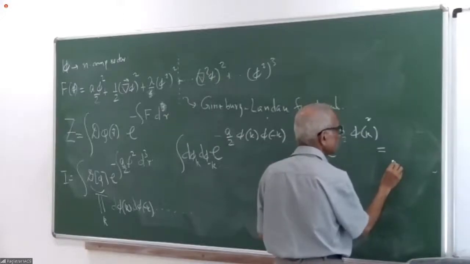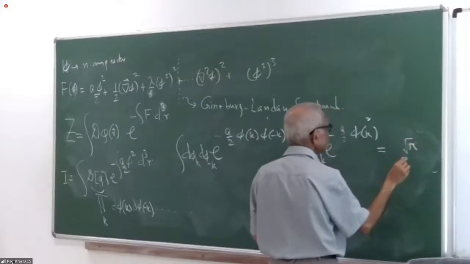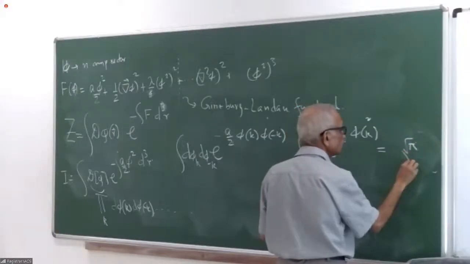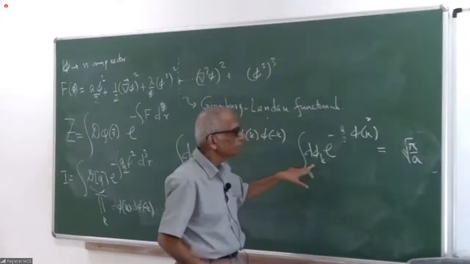So this is the square root of pi, and then it is a square root of pi over a. So that's the a coming from here.